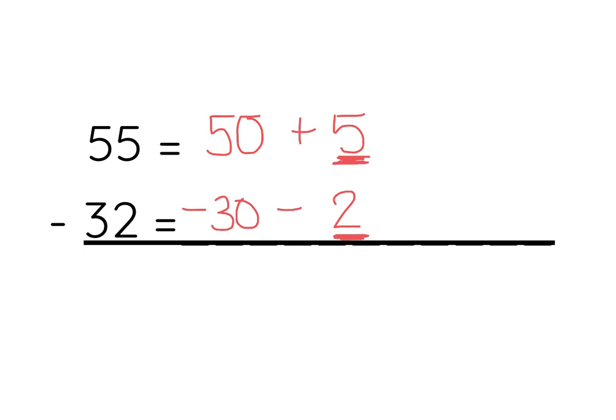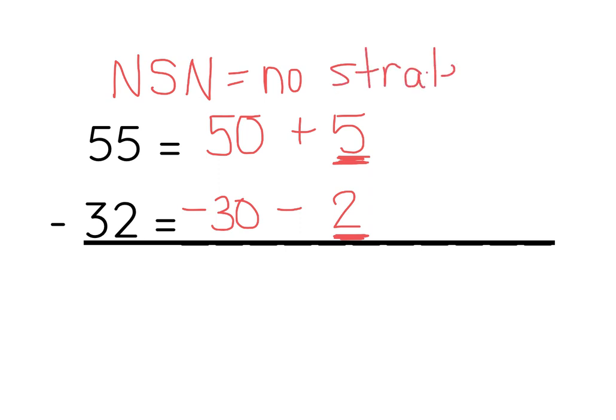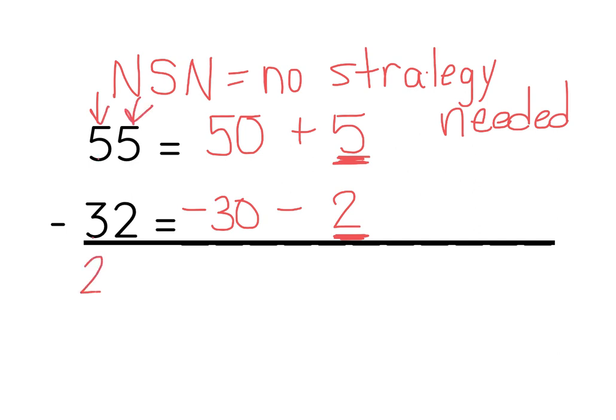Which, if you'll remember from before, that means it is a no strategy needed. The big digits were already on the top, so we actually didn't even need to do any work. We could have just subtracted each column. 50 minus 30 equals 20. 5 minus 2 equals 3.